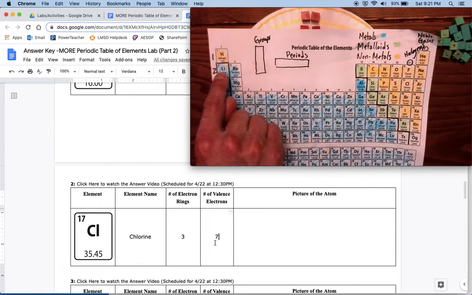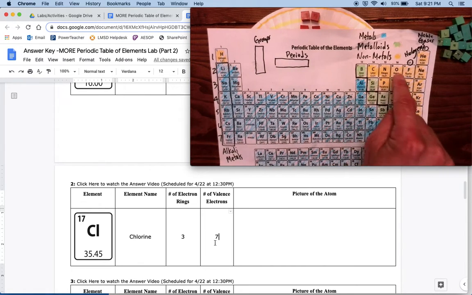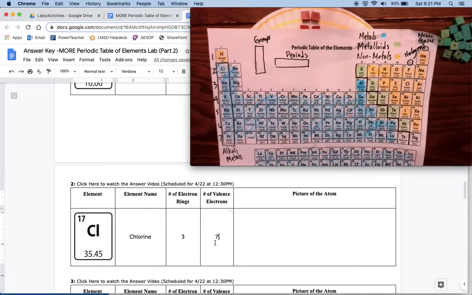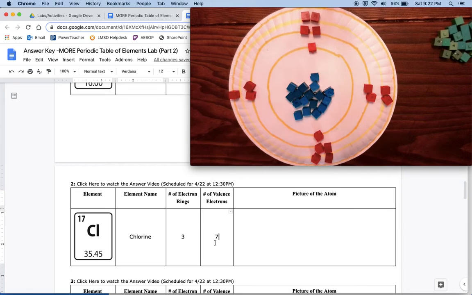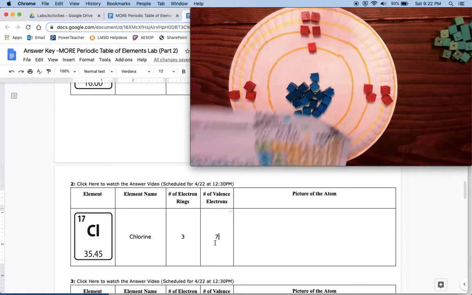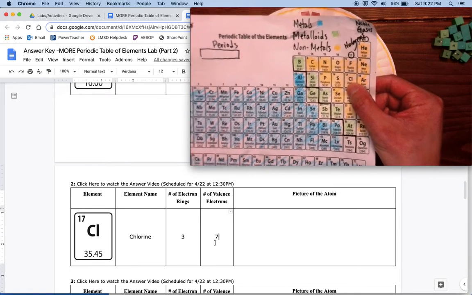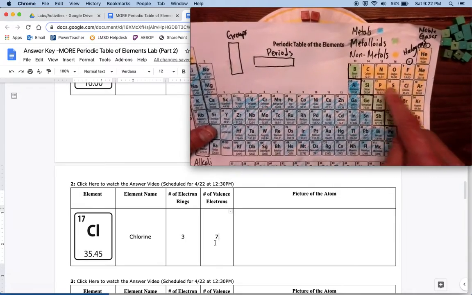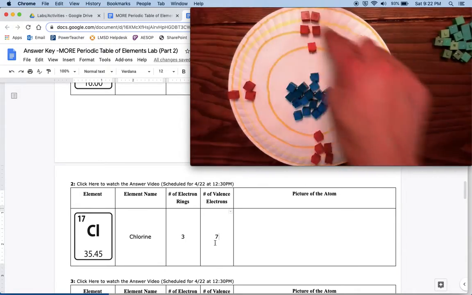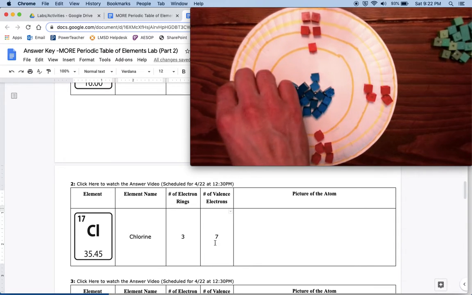Next ring, 1, 2, 3, 4, 5, 6, 7, 8. There's only 8 elements, which means I can only fit 8 electrons in that second ring. And then since chlorine is in the 7th one, 1, 2, 3, 4, 5, 6, 7, it's got 7 in the third ring.